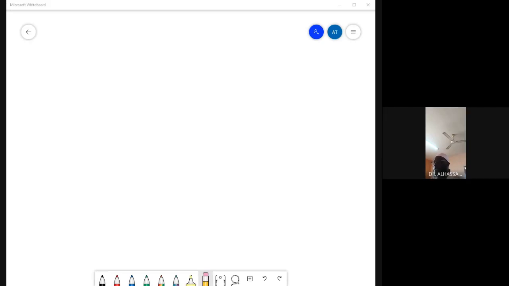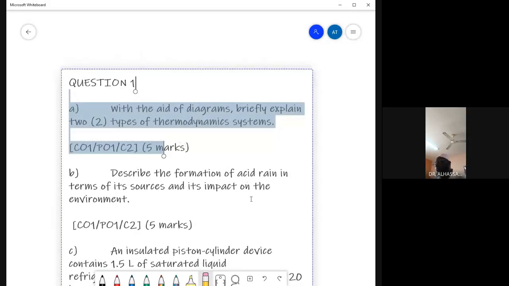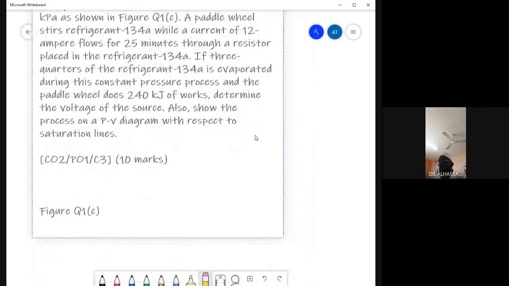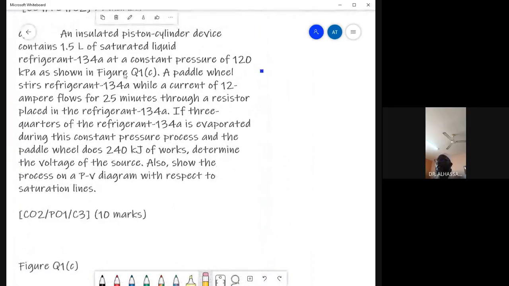So in the next question, yes, let's see. In this question, we are told that an insulated piston cylinder device contains, so this question is similar to the assignment which I gave you.